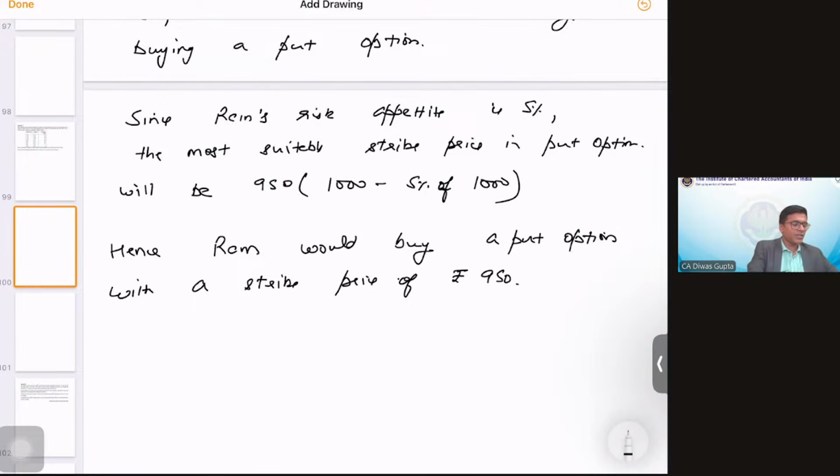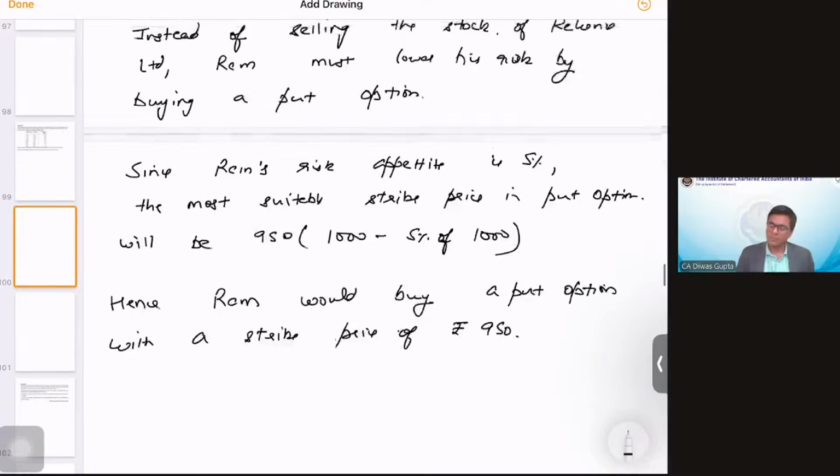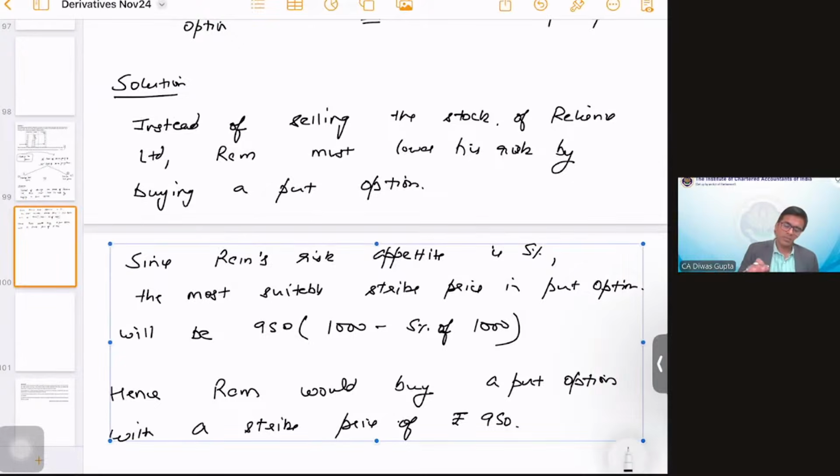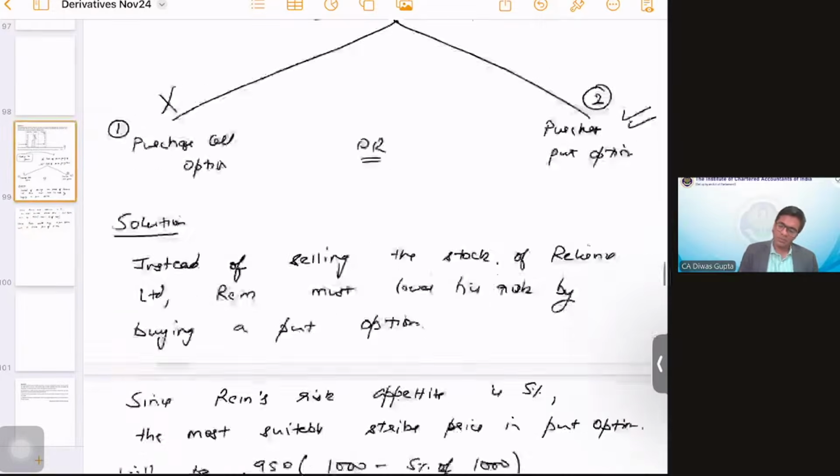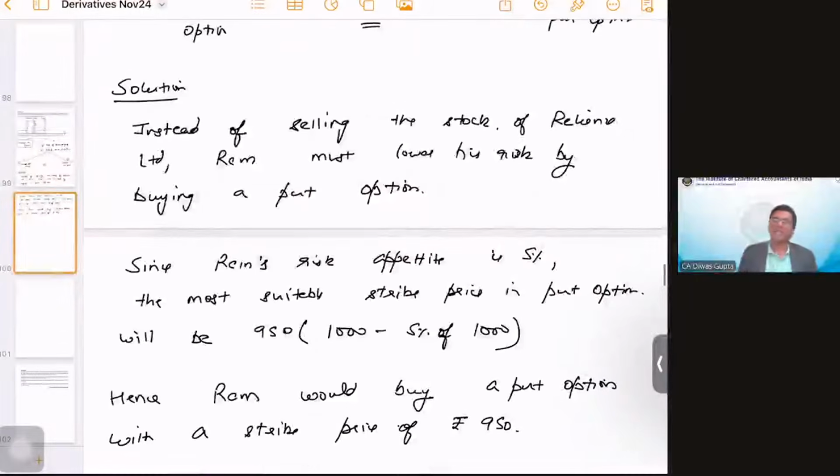Correct? This is the price at which the put option should be purchased, so as to devise a proper hedging strategy, students.